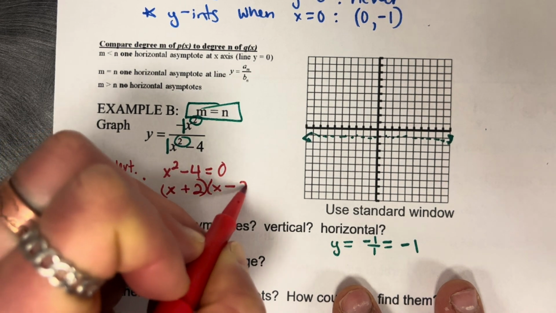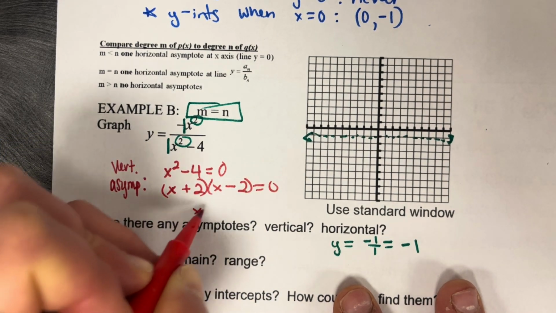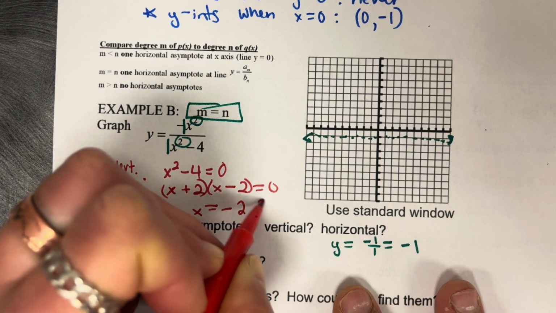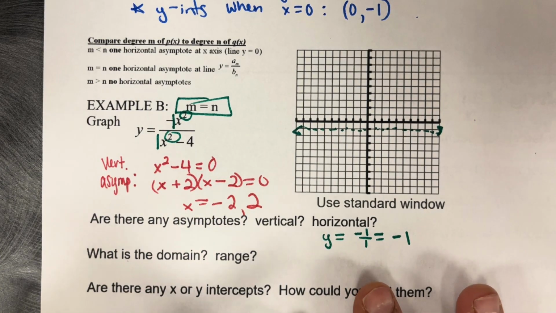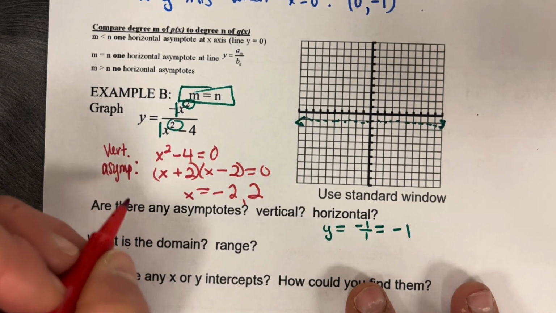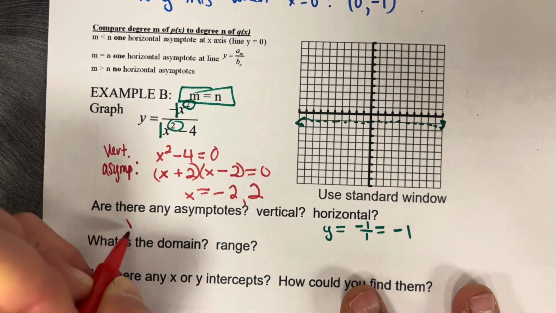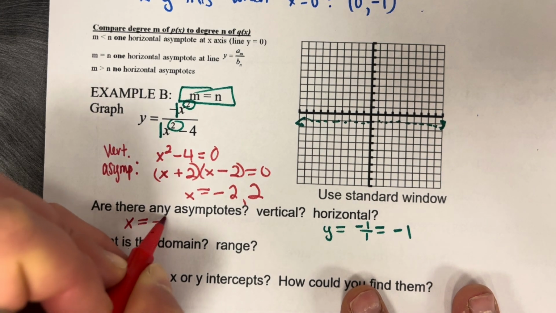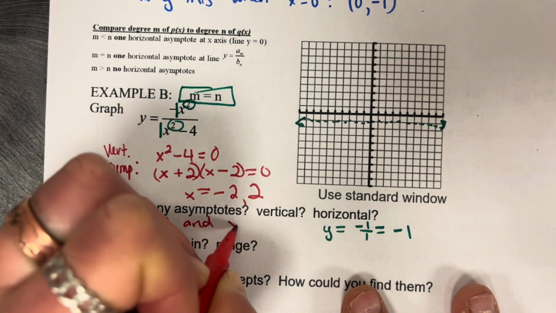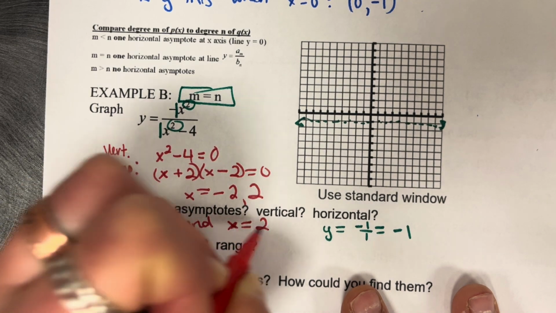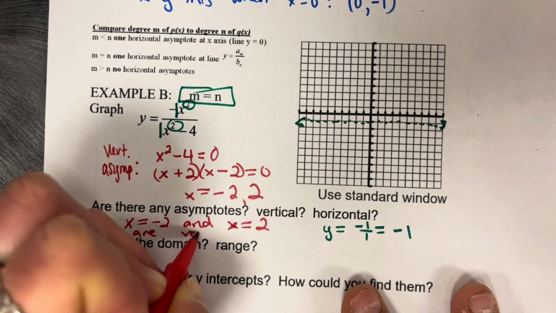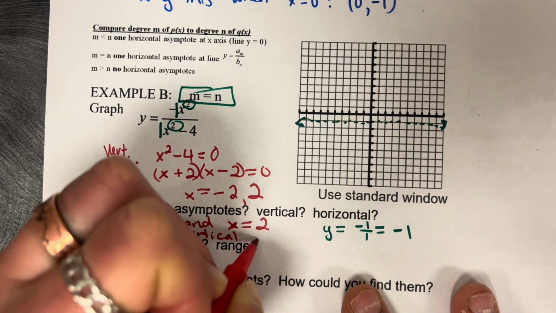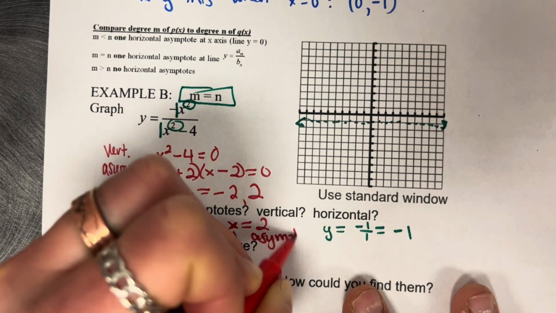X plus 2, x minus 2 will equal 0, so x could equal -2 or 2, and that would make the denominator 0. So that's a bad thing. That means that x equals -2 and x equals +2 are vertical asymptotes. They will cause us to divide by 0.